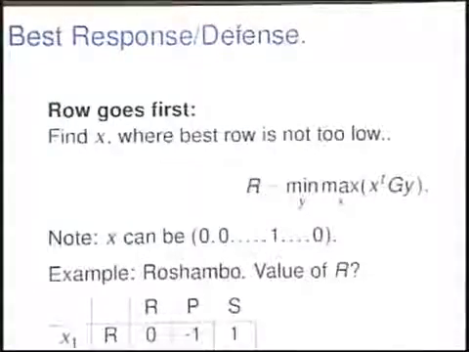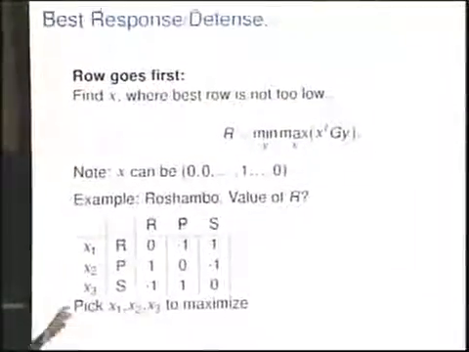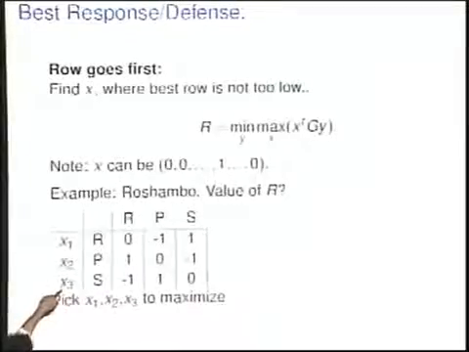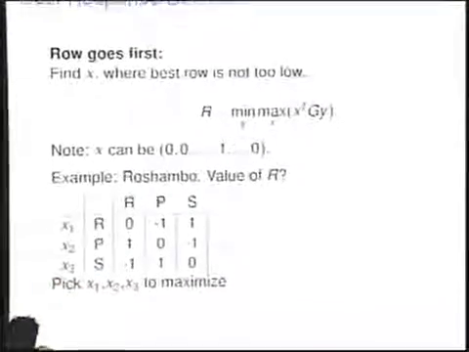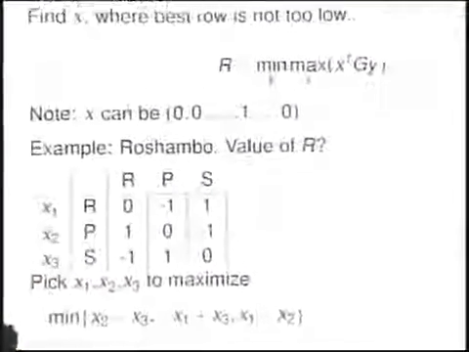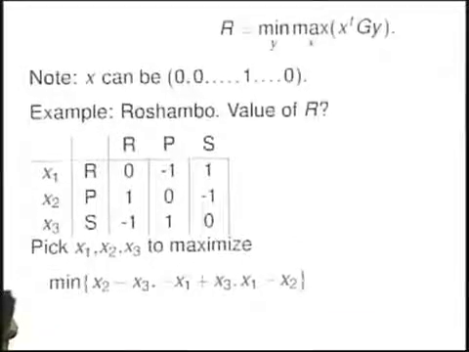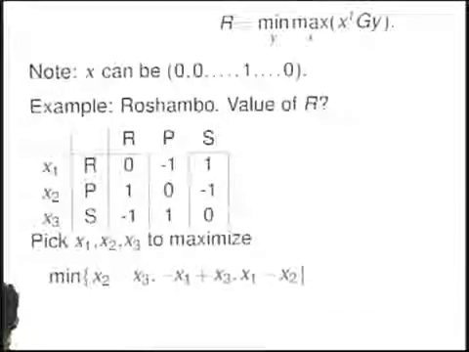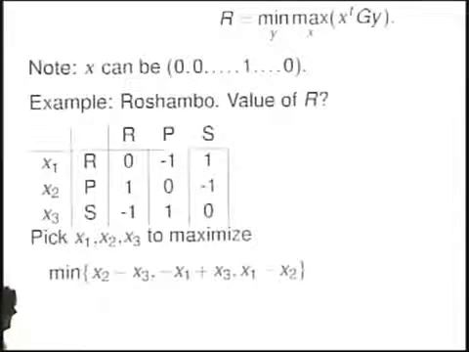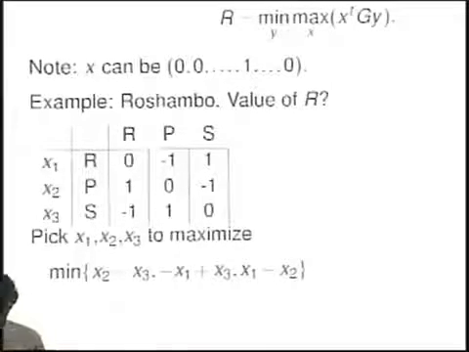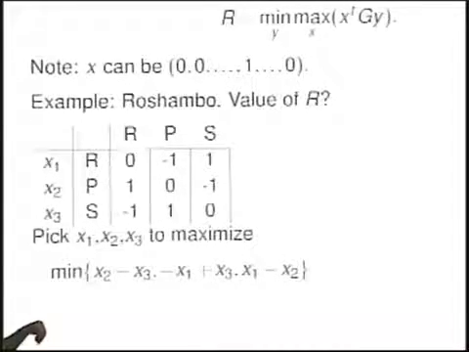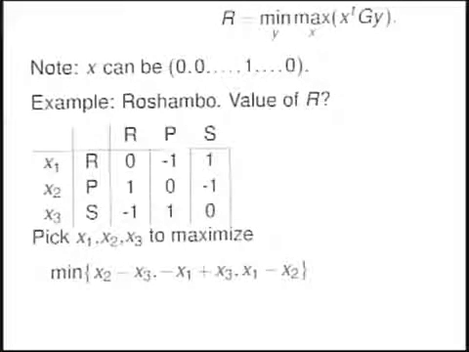For example, what's the value of R? So what we're trying to do is pick the X's to maximize. I see. I think I switched it around. I'm sorry. So here the column player is minimizing, the row player is maximizing. That's what my issue is.